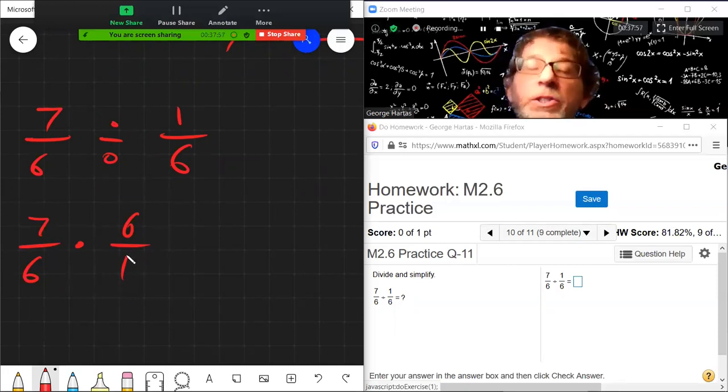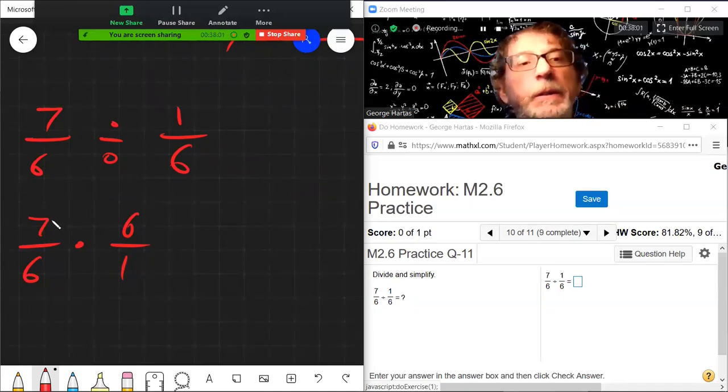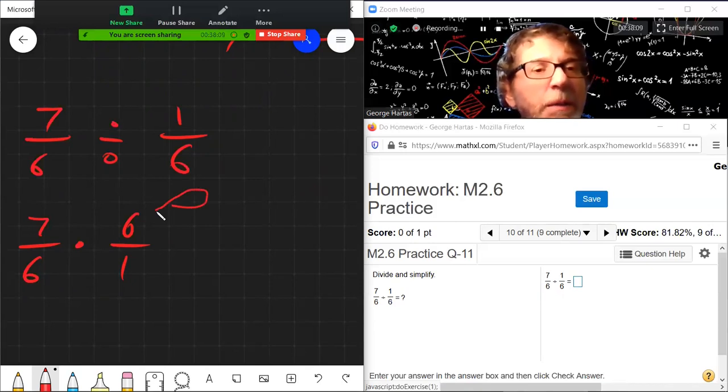So here's a good example of where it helps to keep the 1. But now is your final answer. All right, so that does not reduce. That does not reduce. What's the biggest number that divides into 6 and 6? You did not say 2 because 2 is too small. You did not say 3 because 3 is too small.